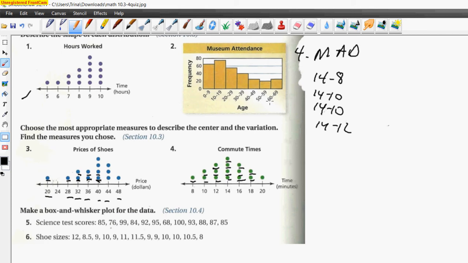Once we do that, we can find the actual MAD. In this case, hypothetically, all this comes up to 40, because once we subtract everything, I'll give you an example. That'll be 6. This will be 4. This will be 4. This will be 2, and on down the line all the way till we get to 20.